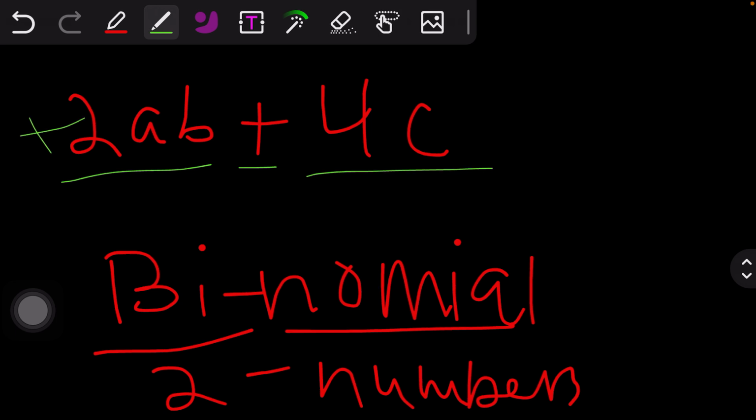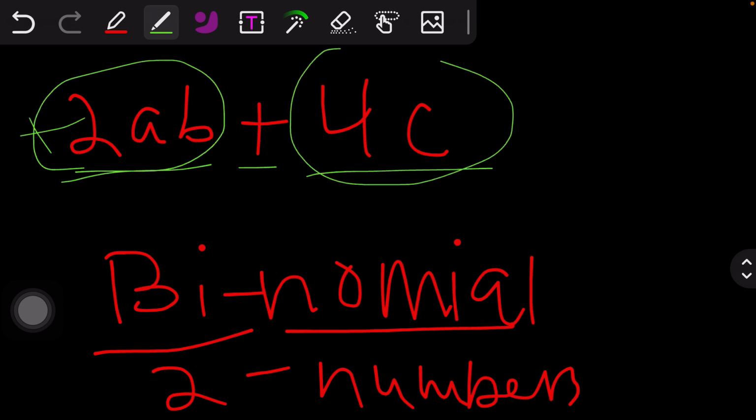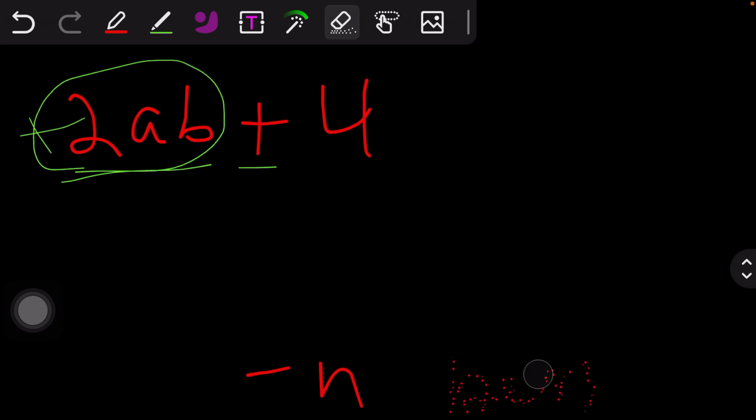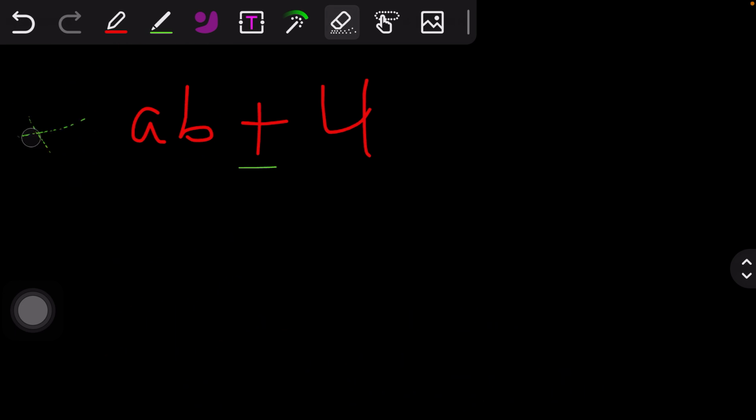Remember, this is a positive 2. This is going to be true for all binomials that you're going to deal with. All right, so now that we got that out of the way, let's get into some examples right fast.